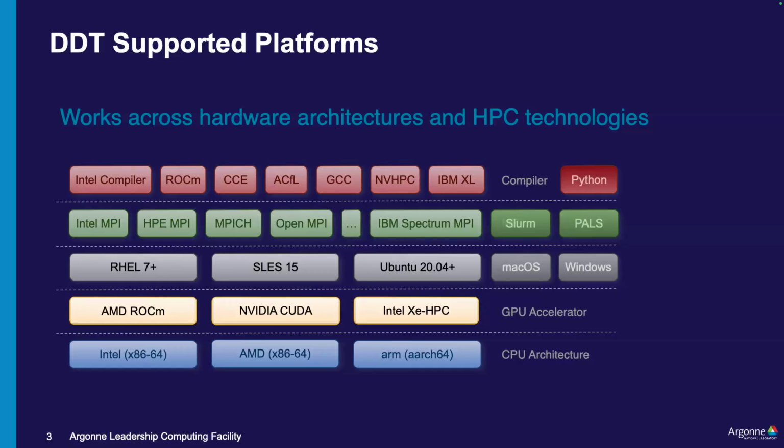So if you're used to it on one system, you can port your knowledge onto any system. The only difference between debugging and profiling in terms of supported platforms is that we don't support profiling on the Intel Xe HPC. So on Aurora we only support debugging, but Polaris supports debugging and profiling.